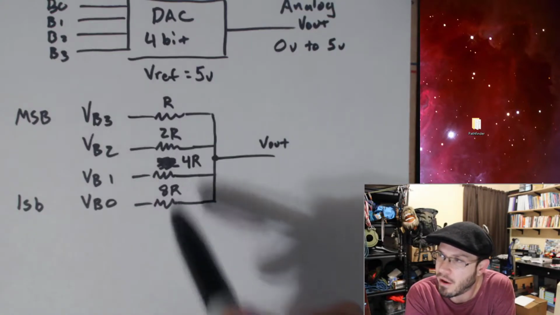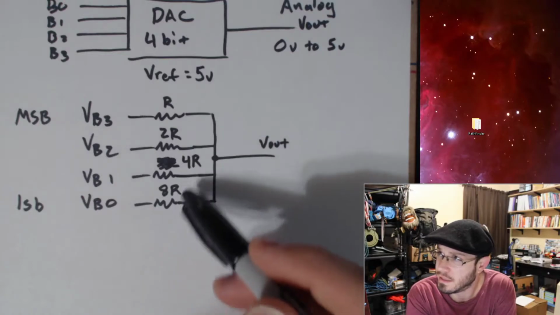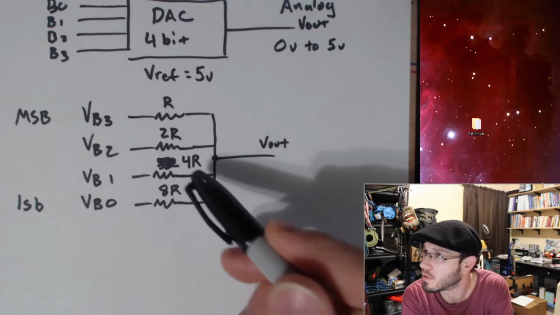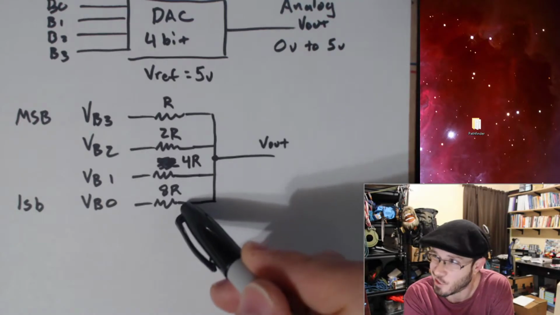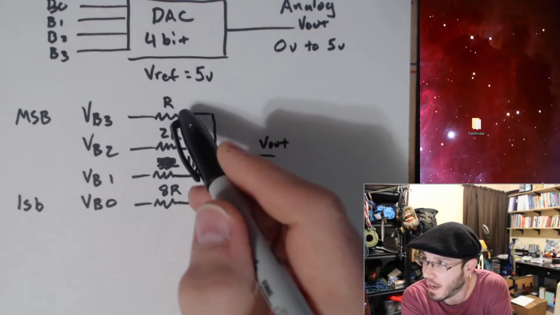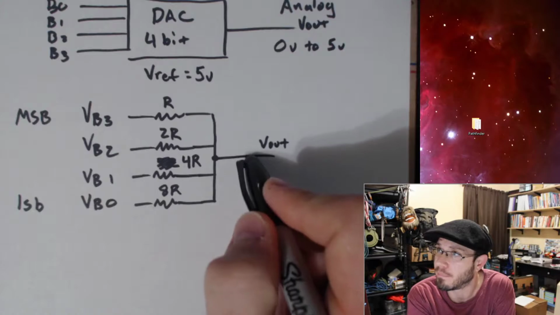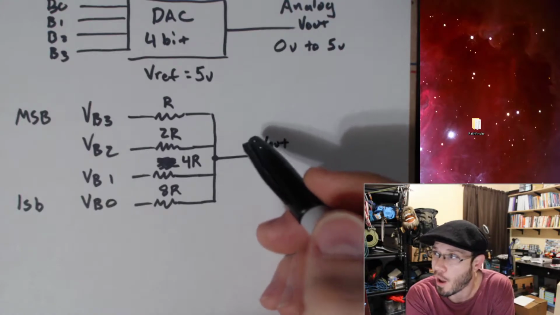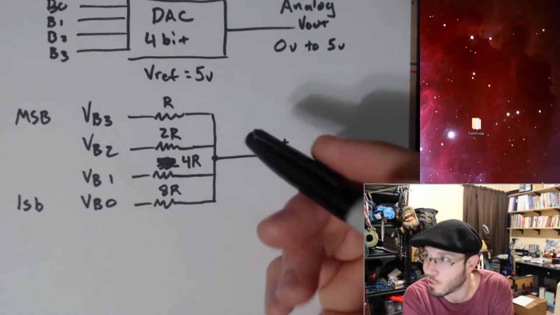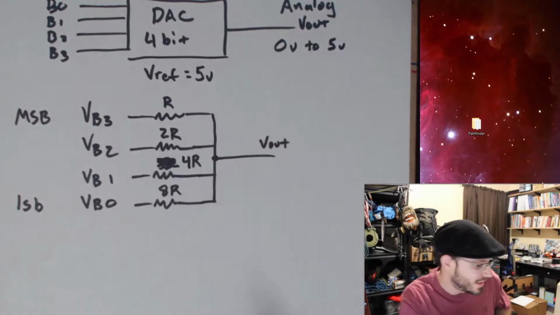So if you think about it, what we've done is we've taken our resistances here, R and 2R. So if this was 100 ohms, 200 ohms, 400 ohms, and 800 ohms. And so the smaller resistance is going to have the bigger contribution to the voltage on the output. And so our most significant bit, which will have the biggest contribution, gets the smallest resistance.